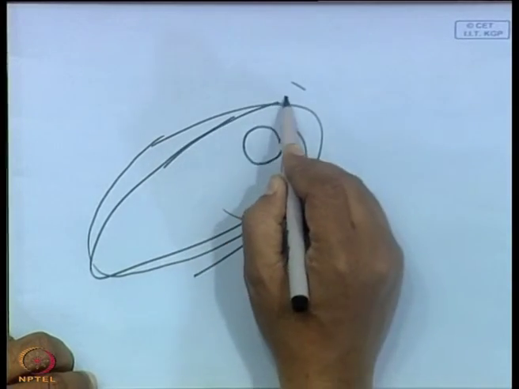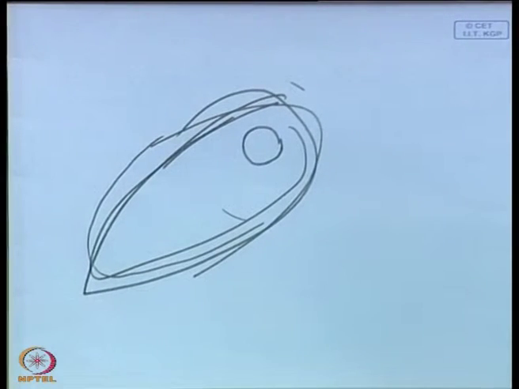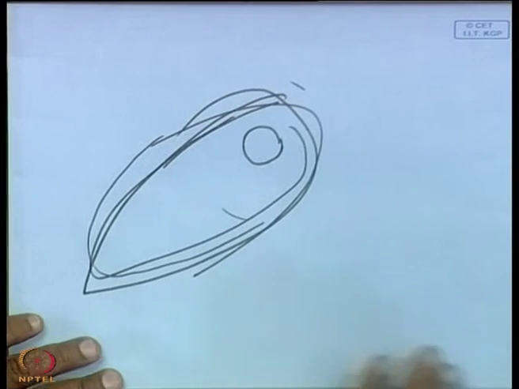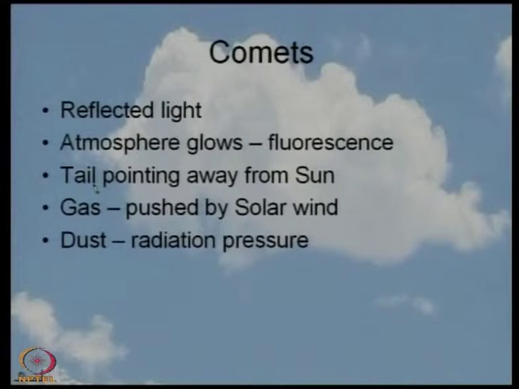It forms a large tail in one direction, and the tail points away from the sun. The reason it develops a tail, the whole thing does not move together, is because the gas experiences an outward push away from the sun.